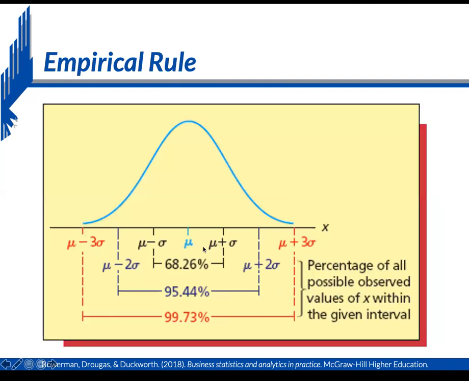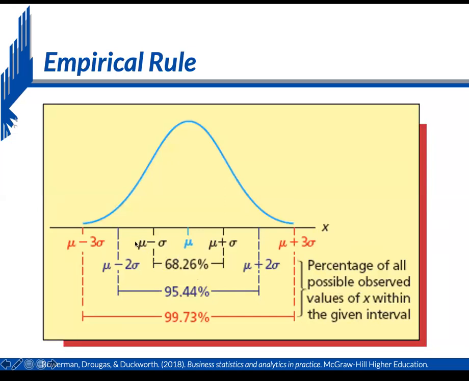Now, from the empirical rule, at least, there are three known proportions. From Module 2, we talked about the empirical rule. According to the empirical rule, the interval that is one standard deviation from the mean, one to the left and one to the right, contains 68.26% of all values of the variable.